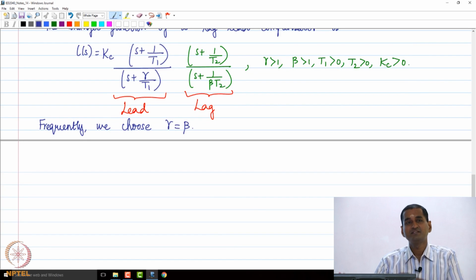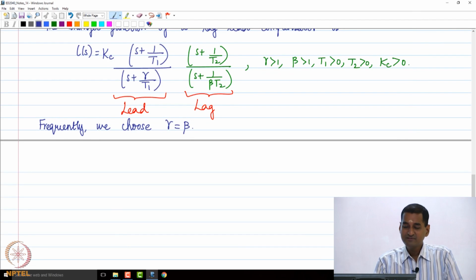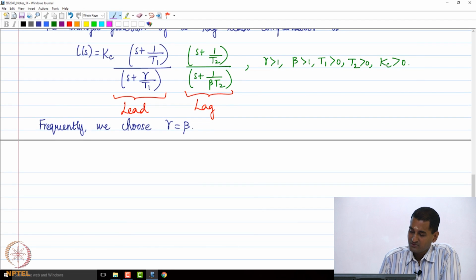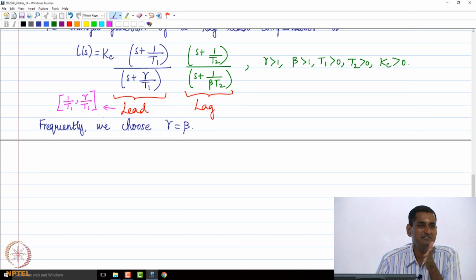Immediately you will see that the spread of the frequency range would be the same, because of the corner frequencies. In the lead compensator, the corner frequencies are 1 by T1 and gamma by T1. Obviously gamma by T1 is greater than 1 by T1. Previously we learned them as 1 by T and 1 by alpha T. Since 1 by alpha is now gamma, we just have it as gamma by T1.